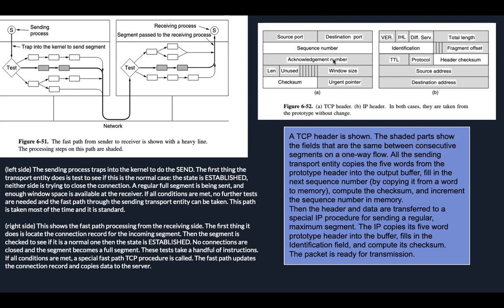It does this by copying it from a word in memory, then computes the checksum and increments the sequence number in memory. Then the header and data are transferred to a special IP procedure for sending a regular maximum segment. The IP copies its 5-word prototype header into the buffer, fills in the identification field, and computes its checksum. The packet is then ready for transmission.